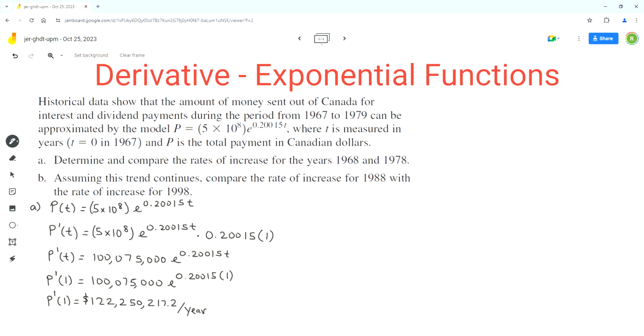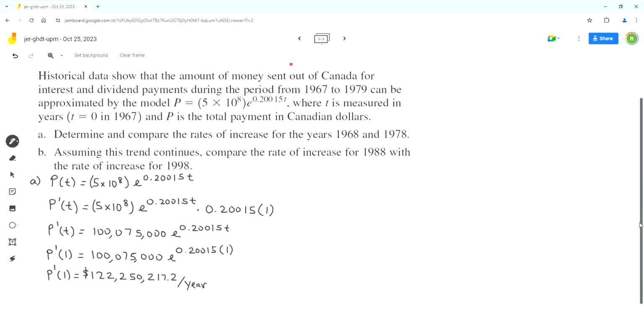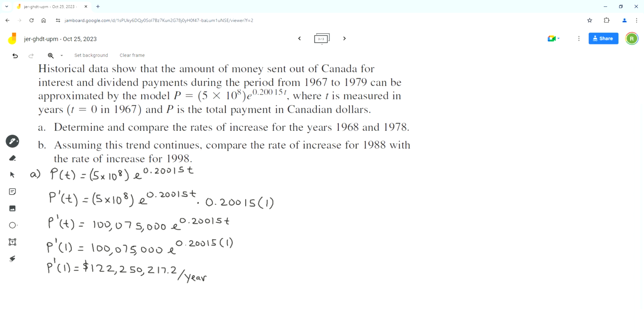Now we can do the calculation for 1978. For 1978, we should find the t value: 1978 minus 1967, the reference year, and that is equal to 11. So we should sub in t as 11 in P prime of t.